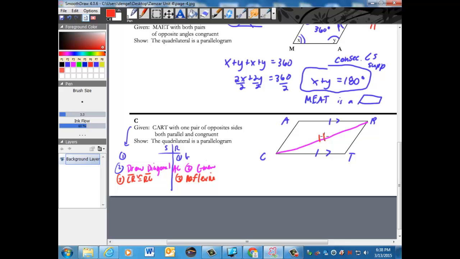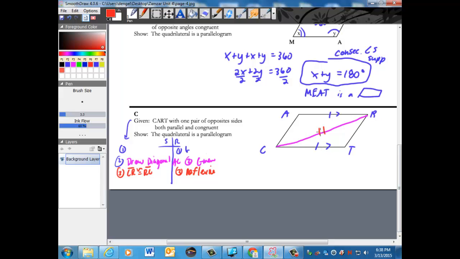All right, and then I'm looking to see what we can do next. We have side, side, we have side, side. Oh, there we go, now I see it. We are given in the problem that we have 2 lines that are parallel. So let's highlight these 2 lines. We can do it in red, that's fine.